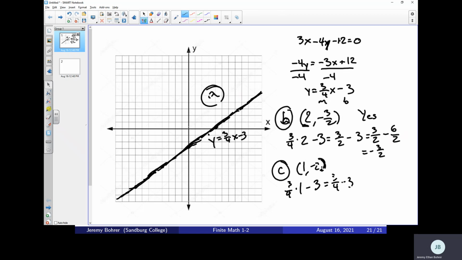It should be pretty clear that this is not going to be an integer. In this case, 3/4 minus 3 is equal to negative 2 1/4. Since that is not negative 2, the point 1, negative 2 does not lie on the line.